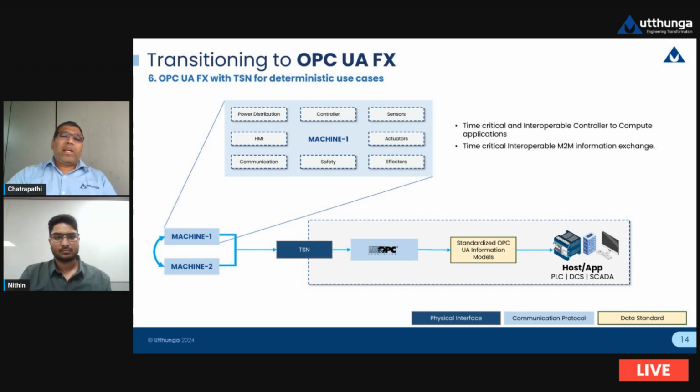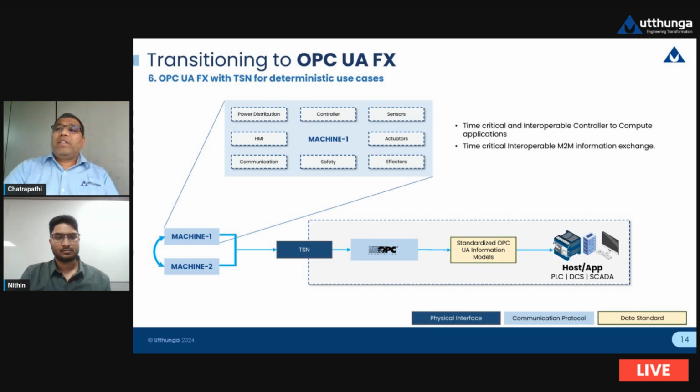And if the requirements are beyond this, and the application demand is to have a completely deterministic and real time data exchange between these machines as well, then the Ethernet can be upgraded with support for TSN. Once you do that, you will have a completely deterministic data exchange, as shown in the next slide.